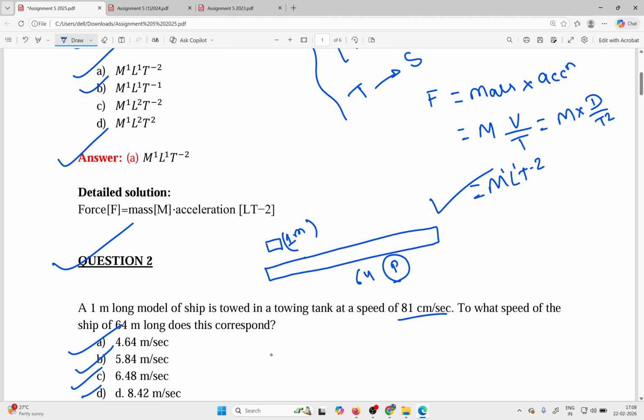For 1 meter you need 81 centimeter per second, so for 64 meter how much do you need? This is the question actually.